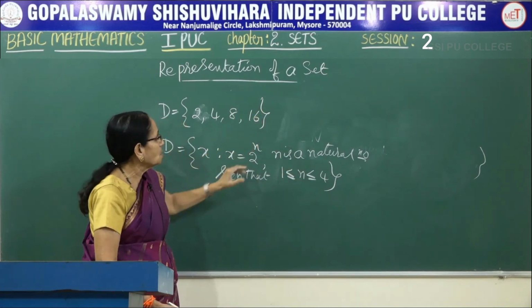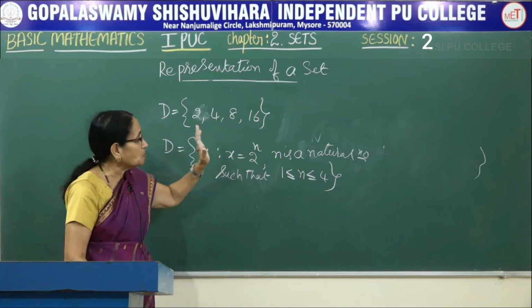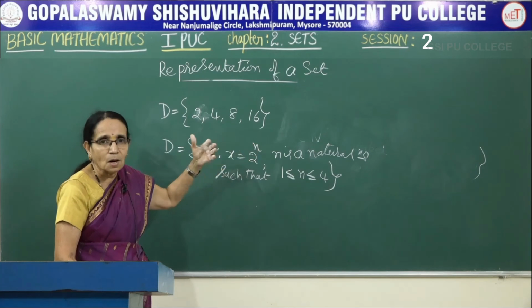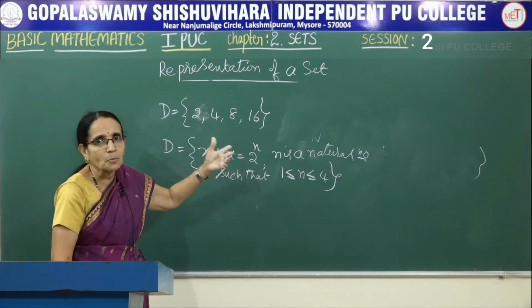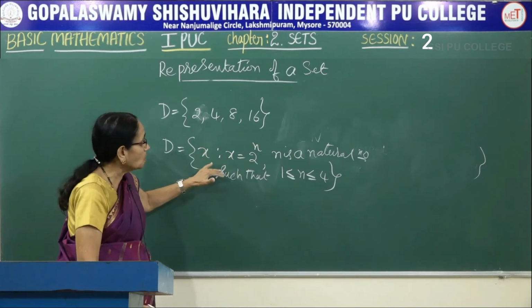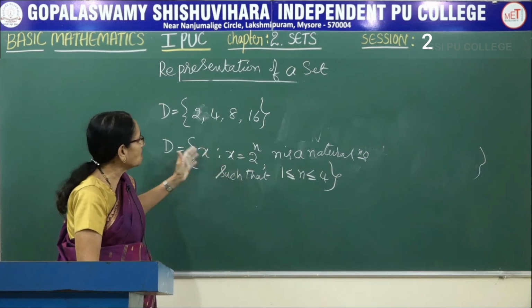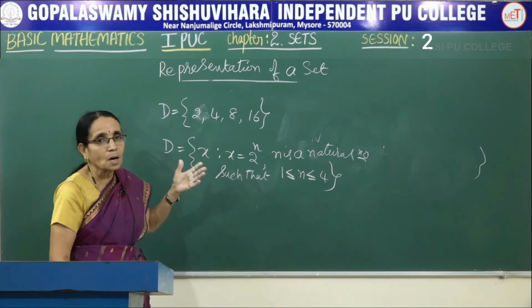That is 16. So when the actual elements are written, we call it the roster form or the tabular form. When you write the rule that will be satisfied by the elements of the set, we call it the set builder form or the rule method.